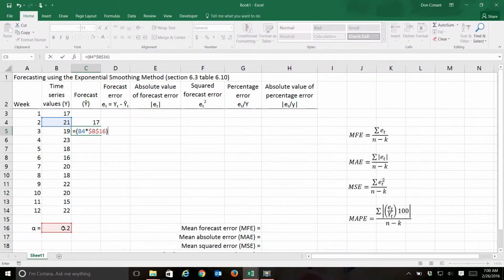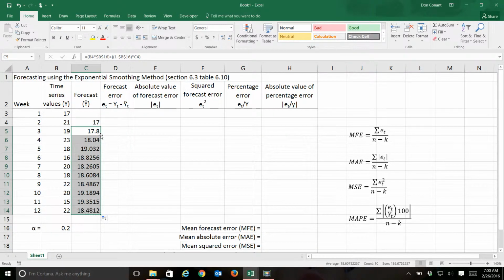Then we will add to that 1 minus our alpha, make that absolute, and we will use that as a weight for our previous period forecast. That gives us our forecast for period 3.